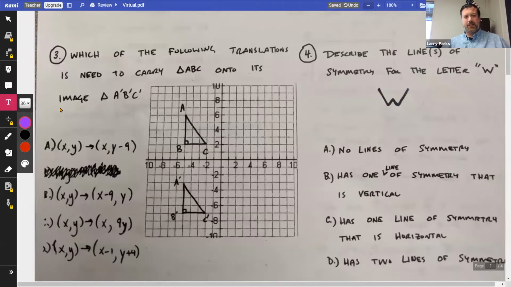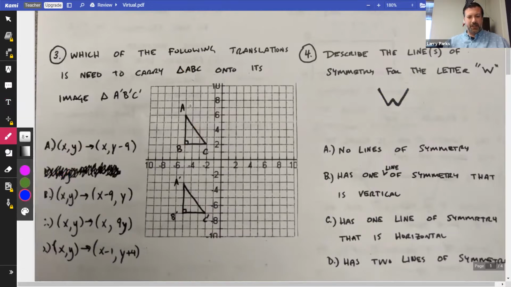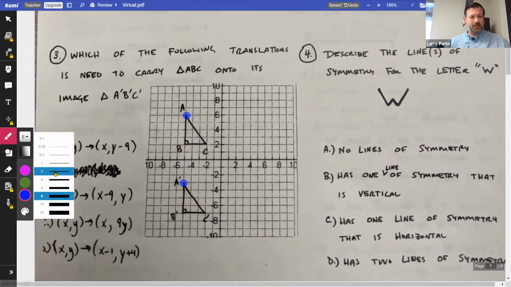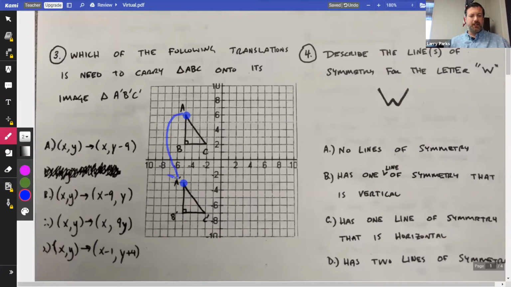Number 3. Which of the following translations is needed to take ABC onto the image of A, B, and C? So how do I go from this triangle to this triangle? What I would encourage you to do is to start with A and work your way to the other point A, or go from B to B, C to C. So what's going on from here to there?